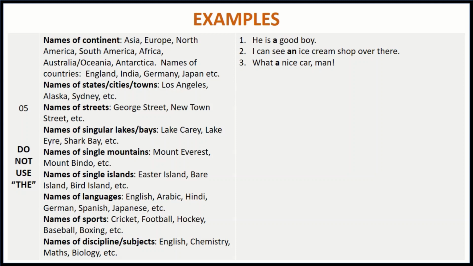A shop, but which shop? Ice cream shop. So therefore, an ice cream shop. It's correct to say, what a nice car. It's the same idea: before a descriptive adjective we should have the indefinite article. Therefore, it's right to say, what a nice car, man.